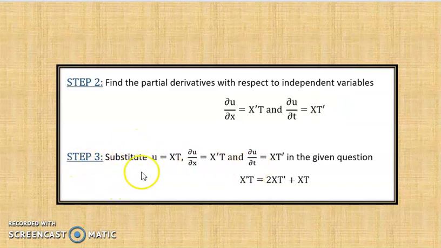Then step 3 is substitute u equal to XT, dou u by dou x equal to X dash T and dou u by dou t equal to X T dash in the given equation. Then the PDE becomes X dash T equal to 2 into X T dash plus XT.